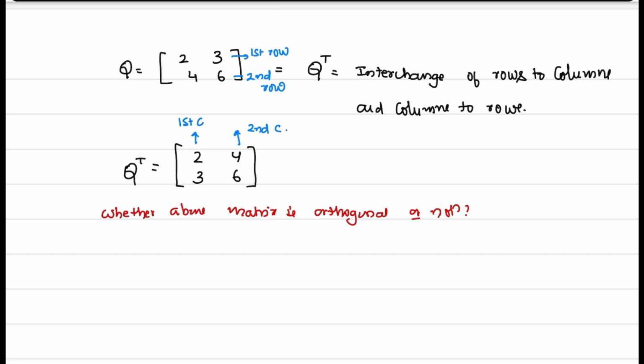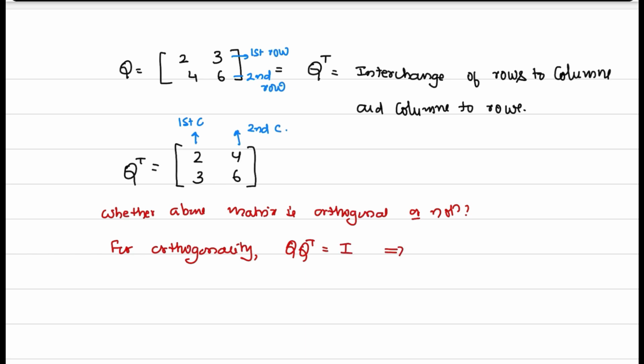Q is there with you. The product of Q and Q transpose should give you the unit matrix. For orthogonality, Q Q transpose is equal to the unit matrix.